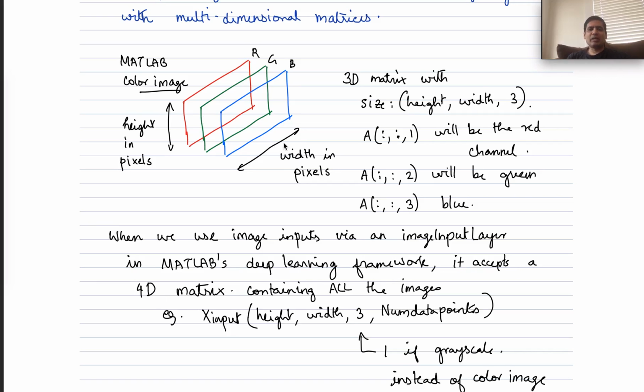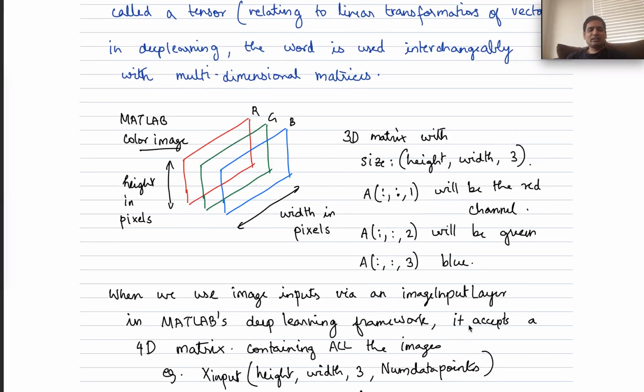So this is a 3D matrix, which is a single image, and then a 4D matrix is something in this case that contains all the images in your data set, say the training data set or the test data set, where MATLAB assumes that that 4D matrix has the following form: height, width, 3 if it's a color image, 1 if it's grayscale, and then how many other images you have, num data points. Okay.